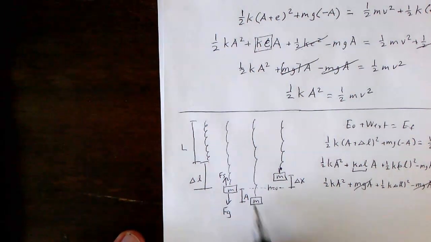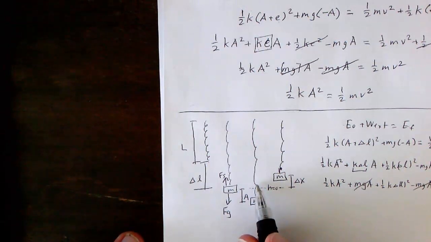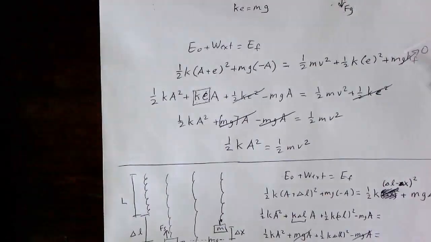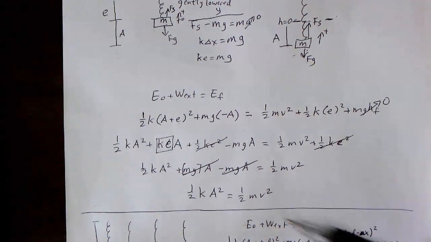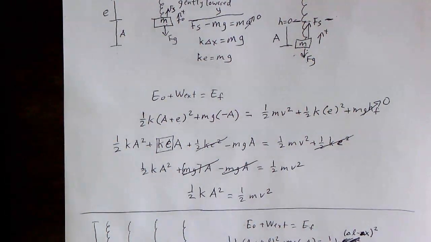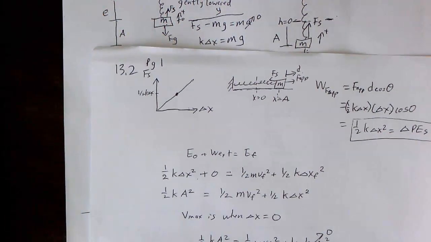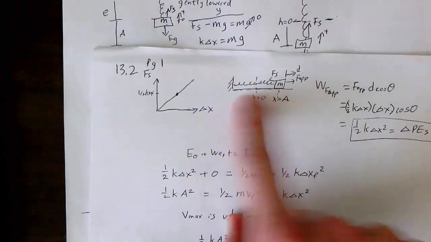And then when we pulled it down a little bit, we let go, it shoots back up. And I said yesterday that if you looked at this math, it looked exactly like the math we had for the spring that was going back and forth on a horizontal surface that was frictionless.